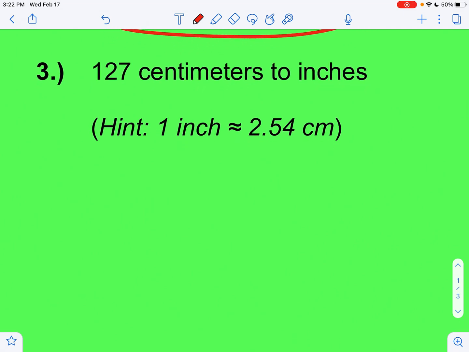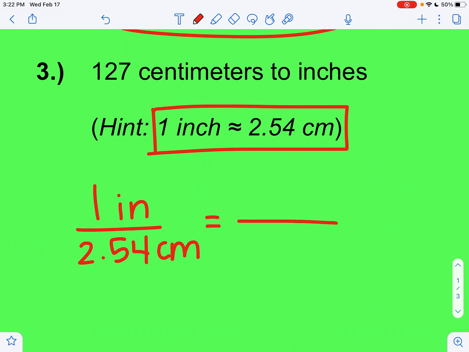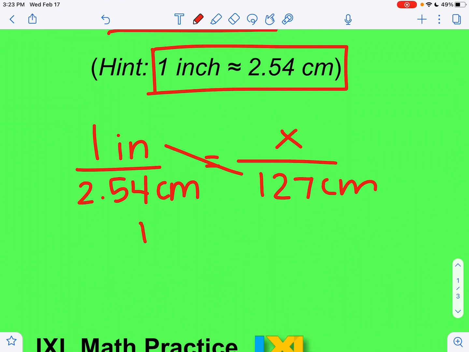Number 3: 127 centimeters to inches. Our conversion rate is 1 inch is about 2.54 centimeters. Let's write that out as a ratio. And that's equal to, so it's talking about 127 centimeters. We have centimeters on the bottom, so that's where it has to go. And then the top is our X. Okay, so we cross multiply. 1 times 127 is 127.